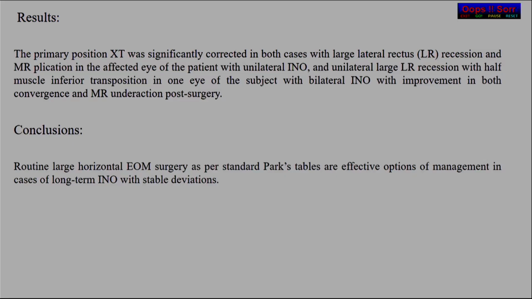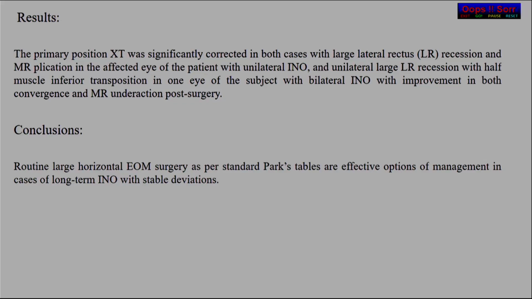Okay. And what was the management profile you had thought? I think in the surgical options, what you have mentioned is you have talked about medial rectus, instead of resection, you had talked about plication.